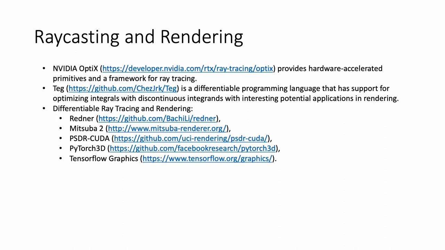TAG is a differentiable programming language that has support for optimizing integrals with discontinuous integrands, with interesting potential applications in rendering. Several frameworks for rendering with more or less integration with deep learning frameworks and with different strengths and weaknesses exist. And lastly, we put together a short, incomplete list of some of them here.